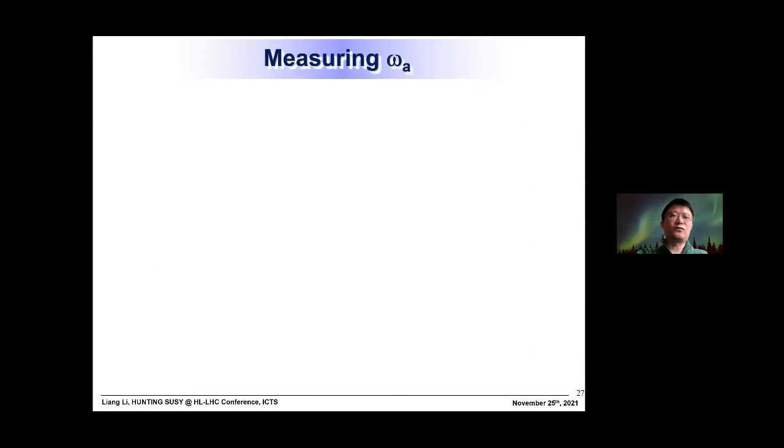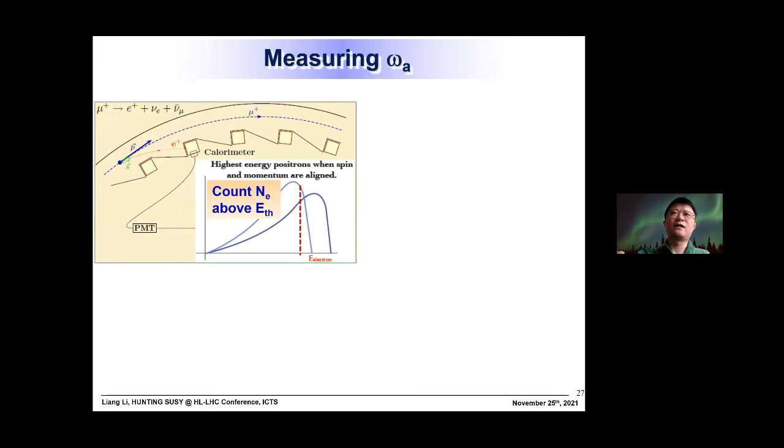So let me go quickly to measuring these different magnetic fields, right? So you have the omega_a, the same thing I said before, it decays along this path, right? And then depending on the direction of your P, right, and your S, if your S and P are aligned, then you'll have very energetic electron decay products.